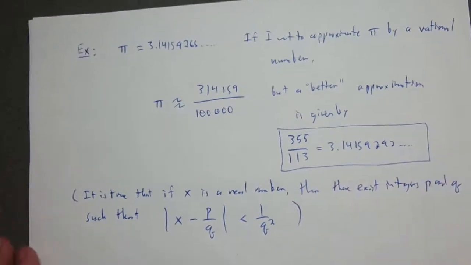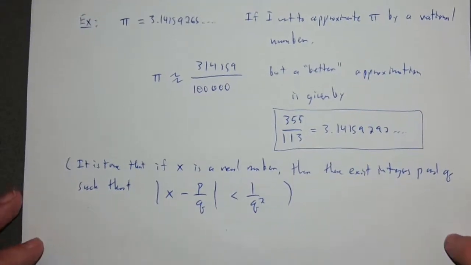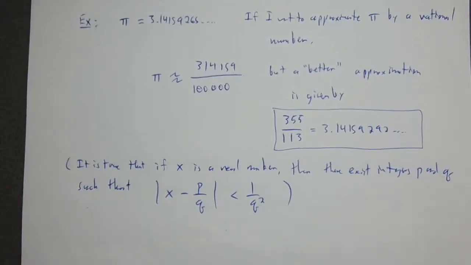I don't think I'll prove that later. I may mention this as part of a theorem later, depending on how far I go into continued fractions. But this is a fact.